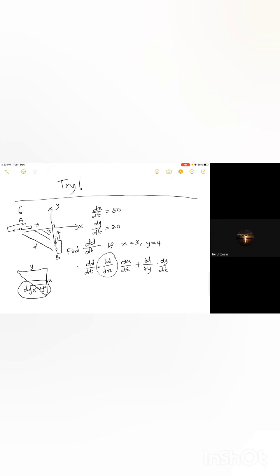Again, this one and this one are from the formula: differentiate with respect to x and with respect to y, leaving the other variables as constants. And then dx/dt and dy/dt are from this information.